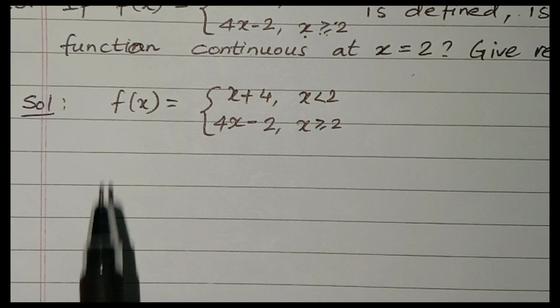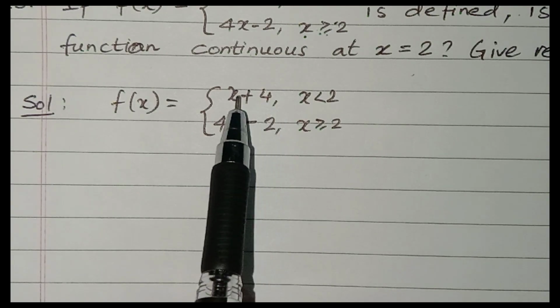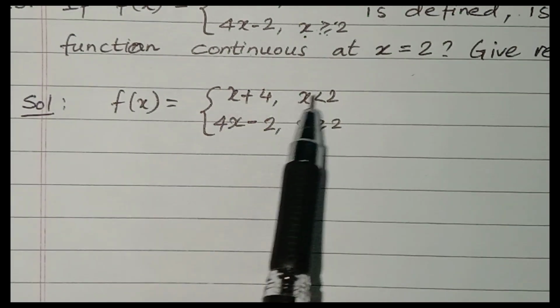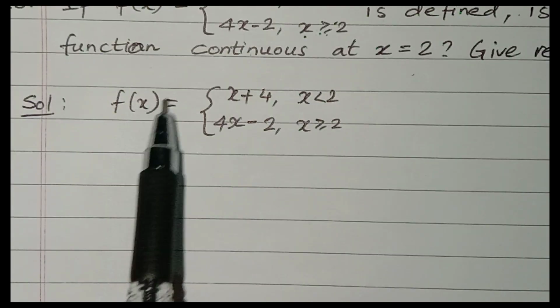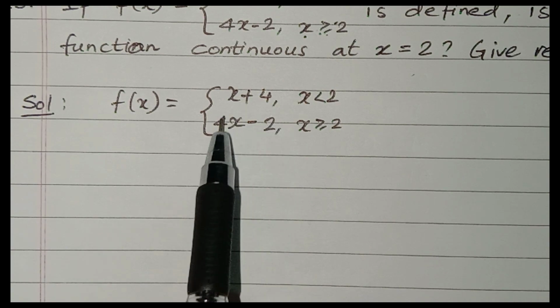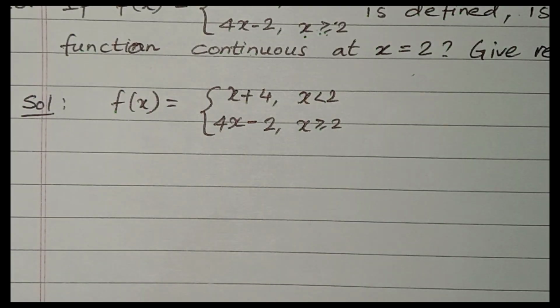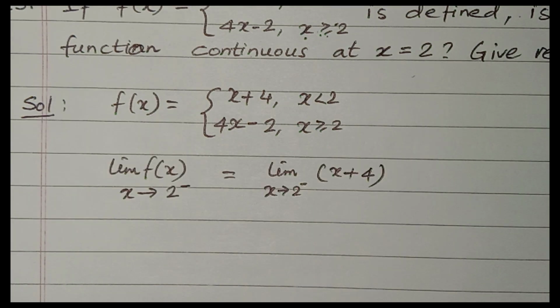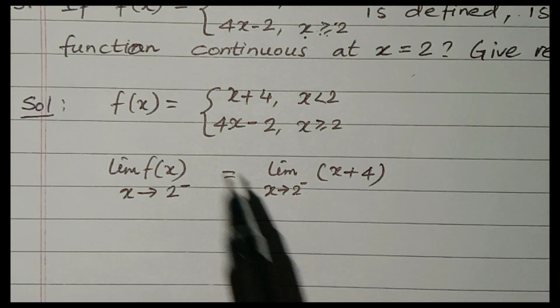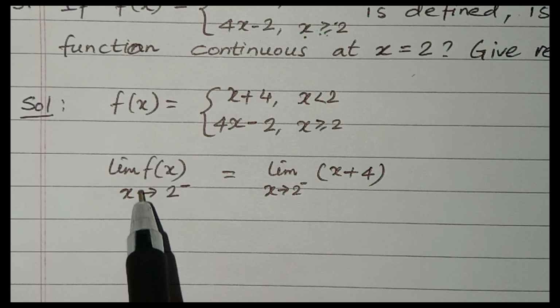We are given that the function f(x) is defined as x plus 4 when x is lesser than 2, and f(x) is defined as 4x minus 2 when x is greater than or equal to 2. So now let's check the limit of this function first of all. Let's take the left hand limit.